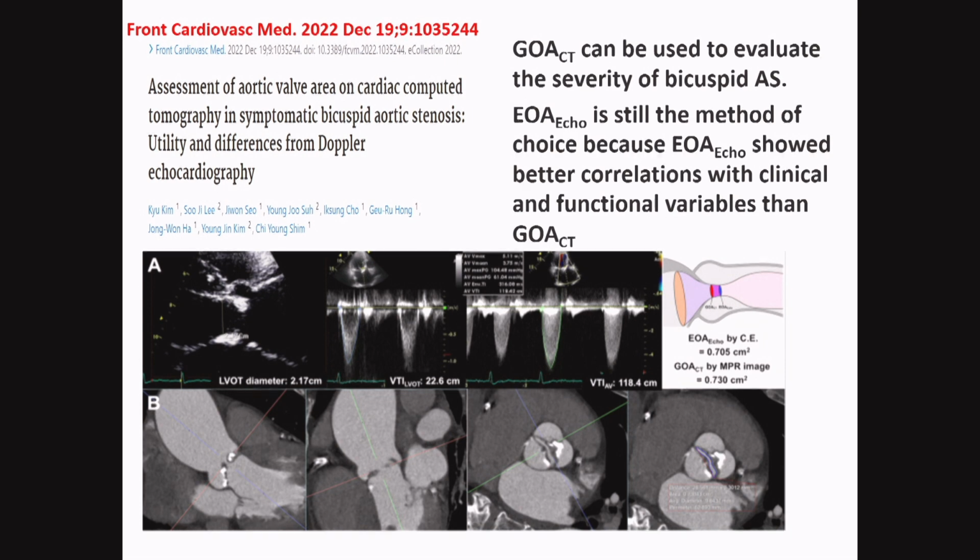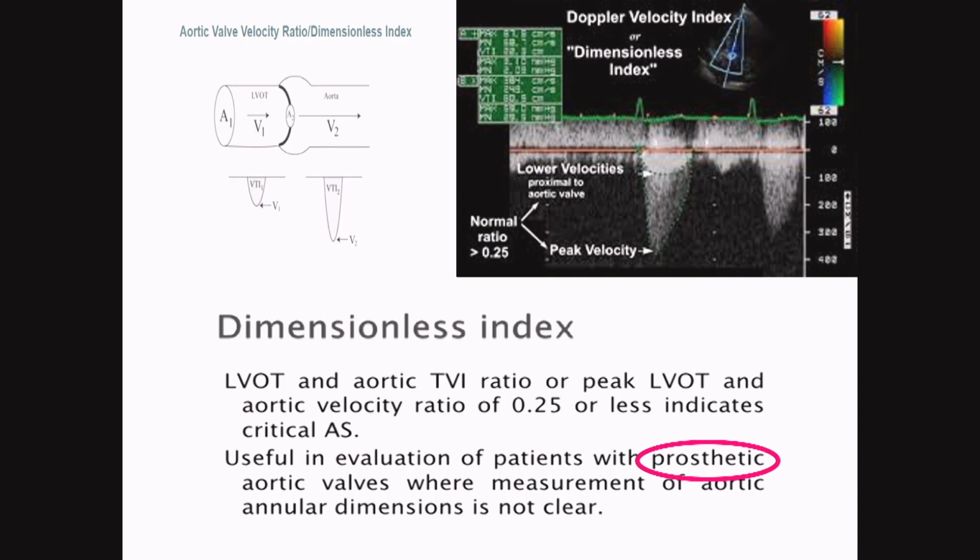But still, the effective orifice area is the method of choice because it has been shown to have better correlation with the clinical and functional variables than the geometric area. But this is actually in patients with bicuspid aortic stenosis here, and that's December 2022.